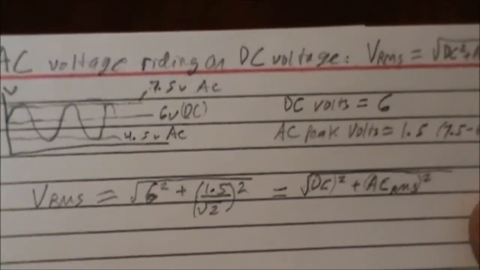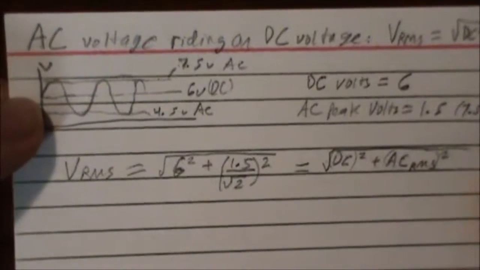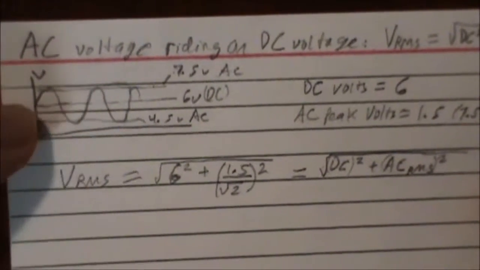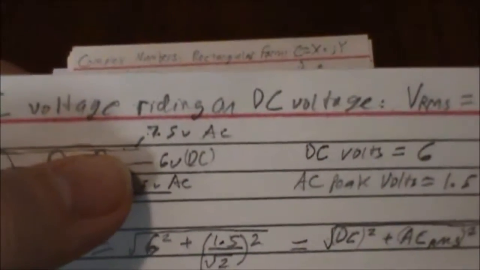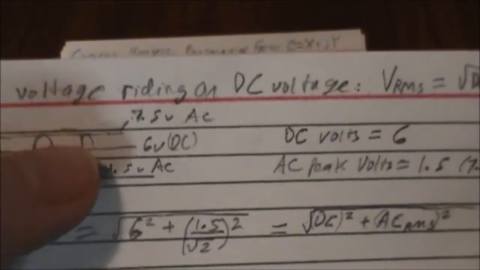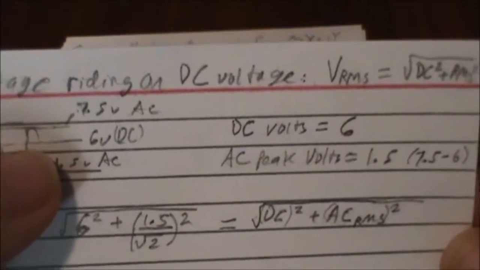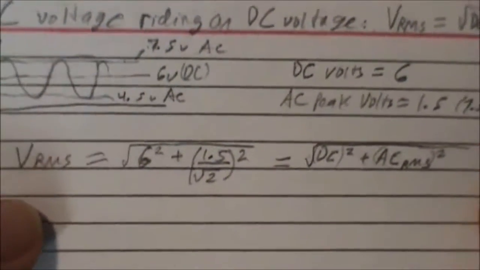So let's say we have 6 volts DC here on our oscilloscope screen, this is voltage over time. It's 6 volts, and on top of that, it goes up here and it peaks at 7.5 volts. So it peaks at 1.5 volts higher. So that's 7.5 volts minus 6 volts.